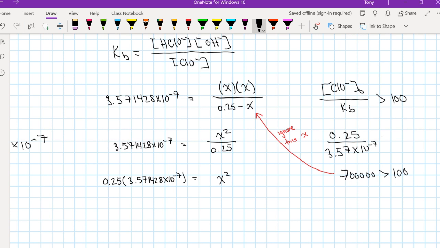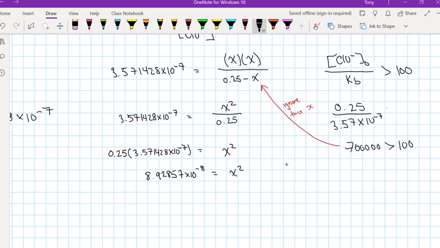So 0.25 times 3.571428 times 10 to the negative 7 gives us this number, 8.92857 times 10 to the negative 8. That's going to be equal to x squared. So to get x, we're going to square root both sides, and that will give us x.